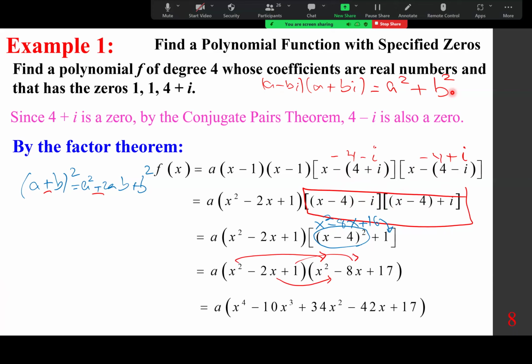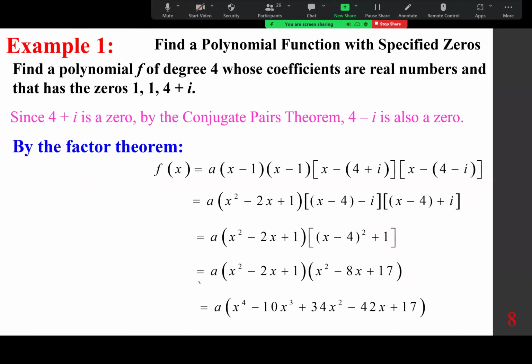Okay, everybody? Very straightforward. As far as multiplying them through, you know how to do that. I can show you the intermediate step quickly.